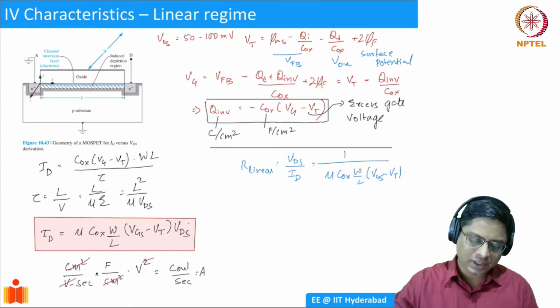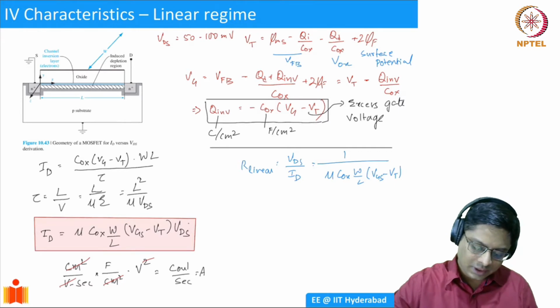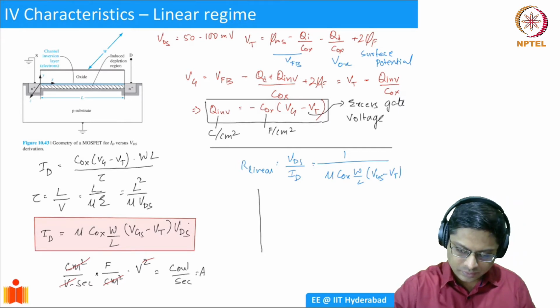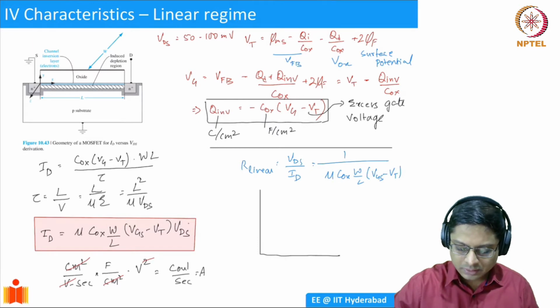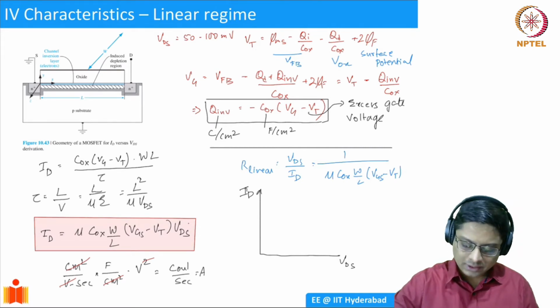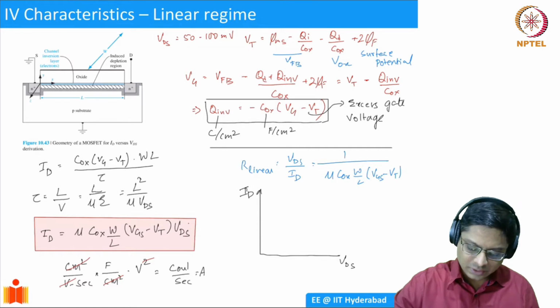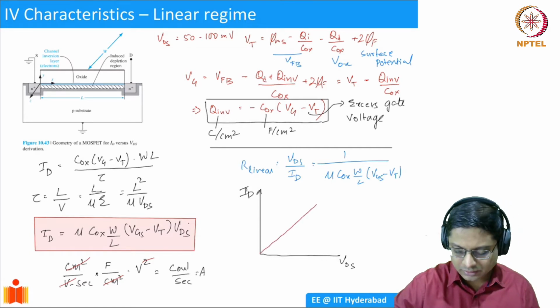So what does this tell us? It tells us that if you take a MOSFET in the linear regime, that means you plot VDS versus ID, the relation is linear, and you get a curve which looks like this.